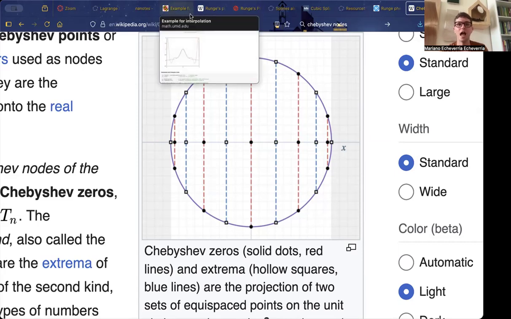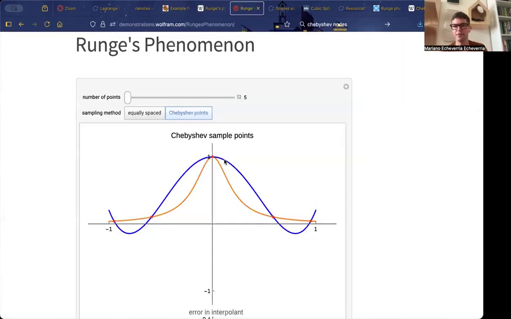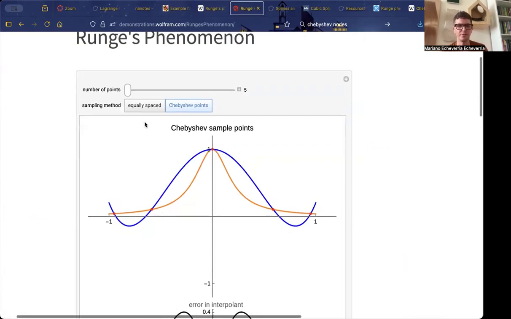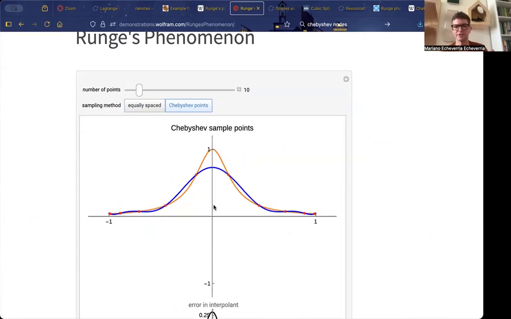And if you do that, this does behave a lot better. Now this is the approximation using Chebyshev points. The way they're constructed is that they tend to accumulate more towards the edges of the endpoints rather than being equally spaced.